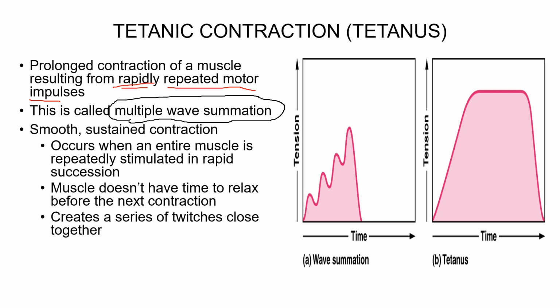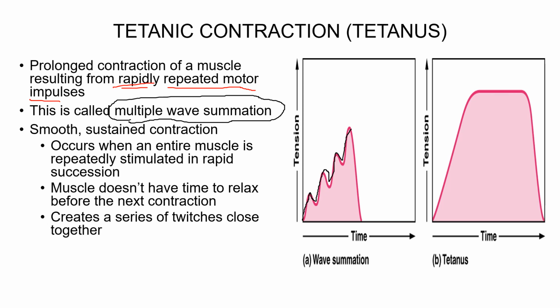So if you look at the first picture, this is what we call unfused tetanus or incomplete tetanus. You contract the muscle, and before it has a complete chance to relax, we are contracting it again and again and again. And you're kind of seeing the same effect as treppe. You're seeing this staircase phenomenon, but this is not really dealing with warming up.